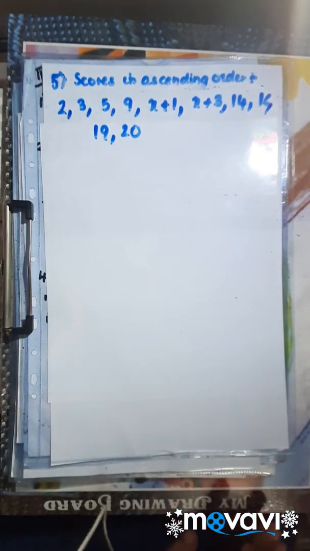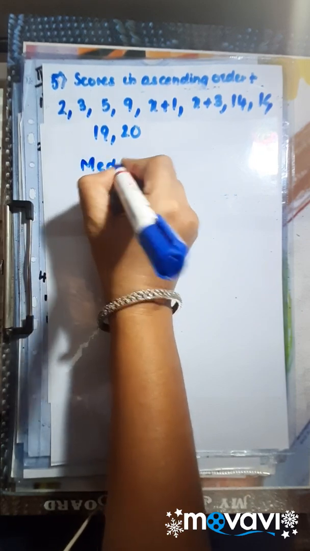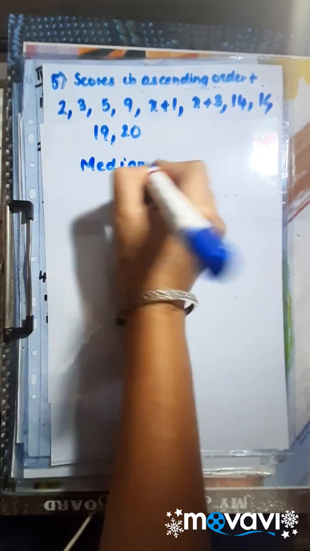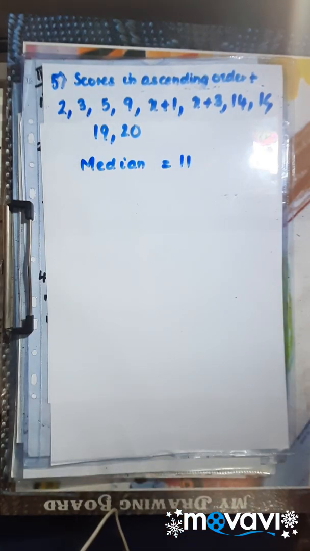Median is given to you as 11. You have to find out x and you have to find out the mode and the mean.